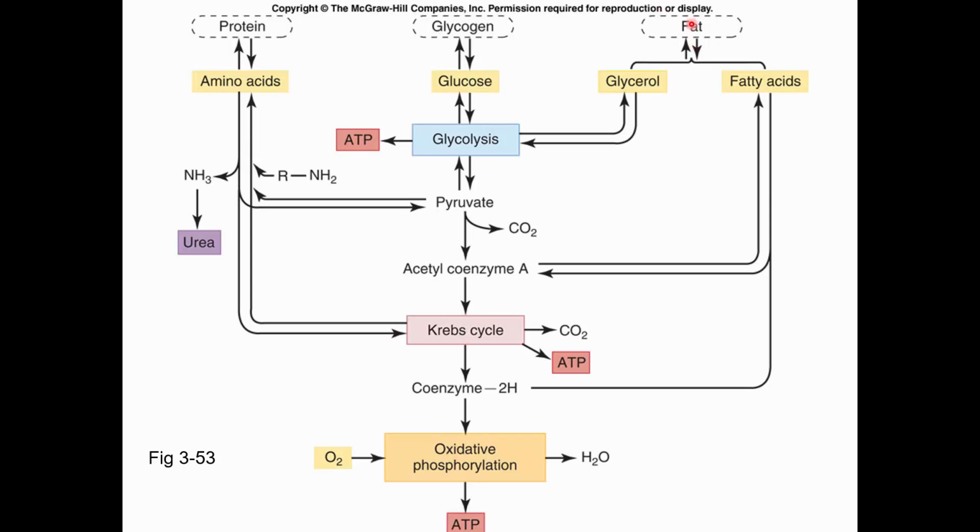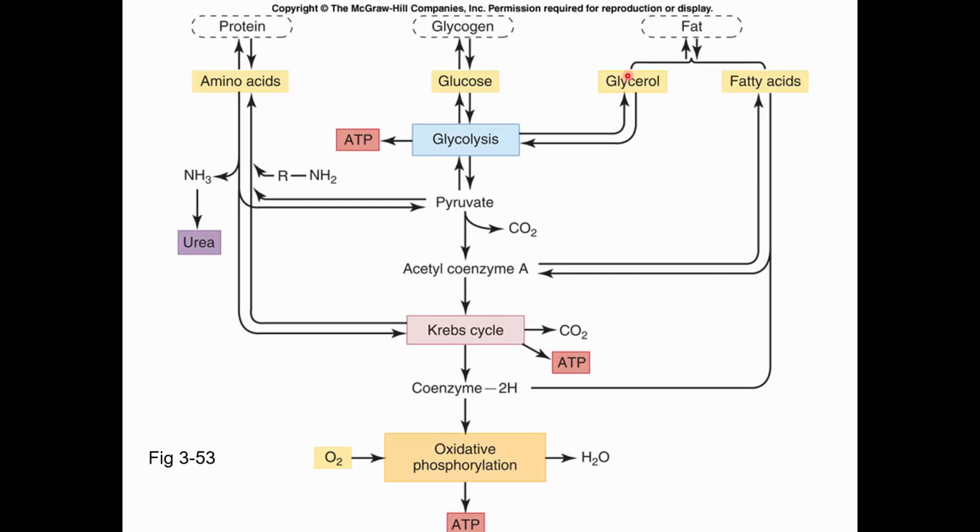We can break down fat. Glycerol can be used to make glucose. Glycerol can be burned to make ATP. Fatty acids can only go into coenzyme A and be burned in the Krebs cycle and oxidative phosphorylation to make ATP. So fatty acids are not gluconeogenic. They're actually ketogenic.